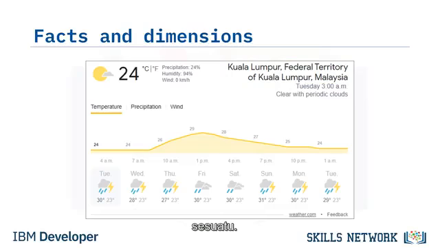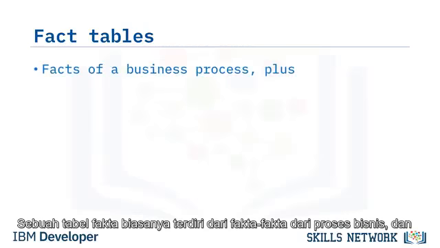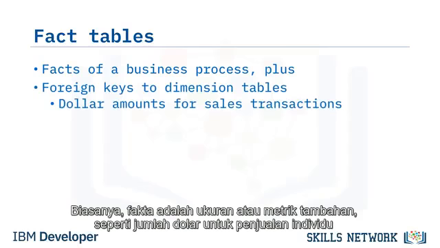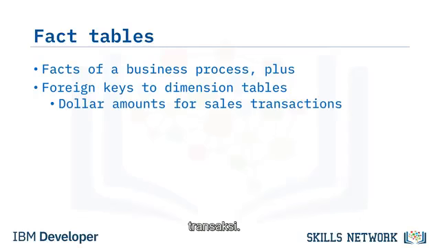means something. A fact table typically consists of the facts of a business process, and it also contains foreign keys which establish well-defined links to dimension tables. Usually, facts are additive measures or metrics, such as dollar amounts for individual sales transactions.